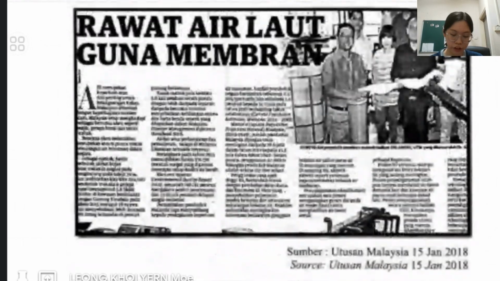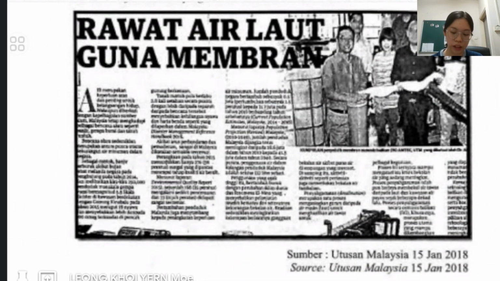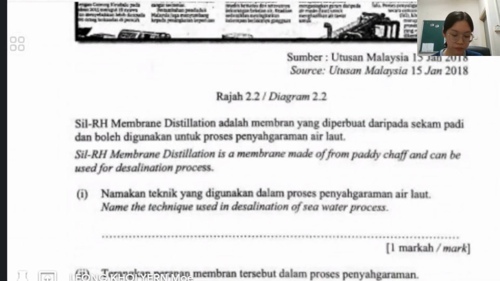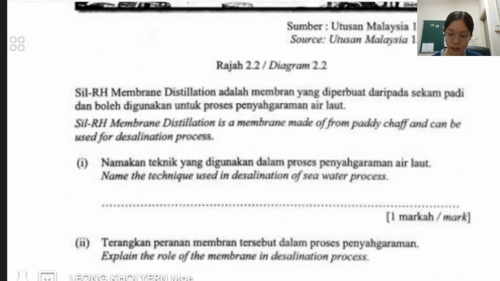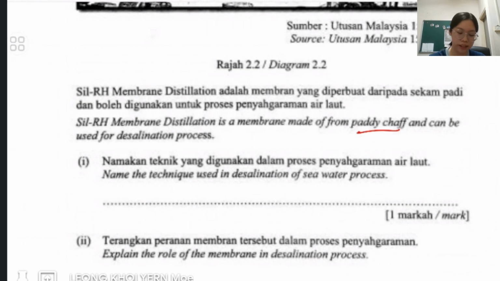They are treating the seawater using a membrane made from paddy chaff that can be used for the desalination process. Desalination means you remove the salt from the salt water. Name the technique used in the desalination of seawater process.